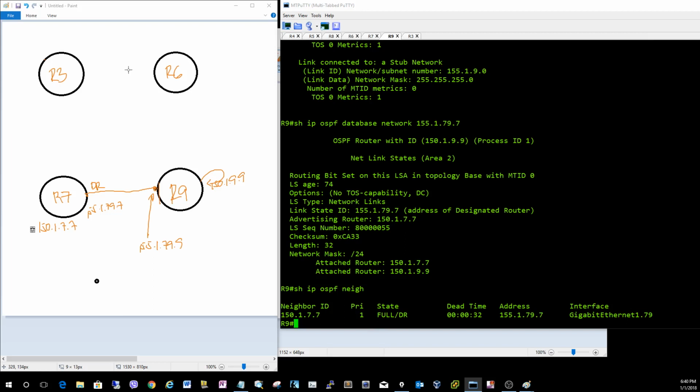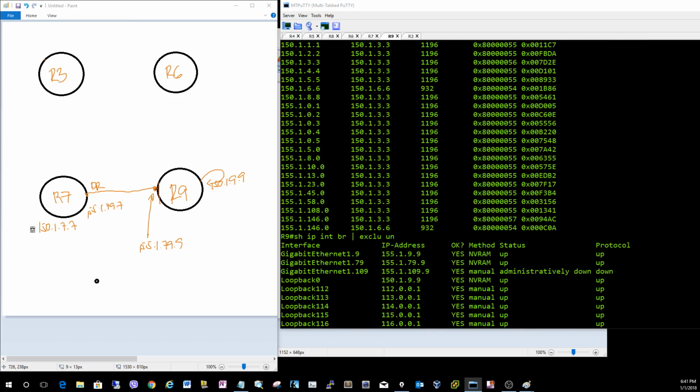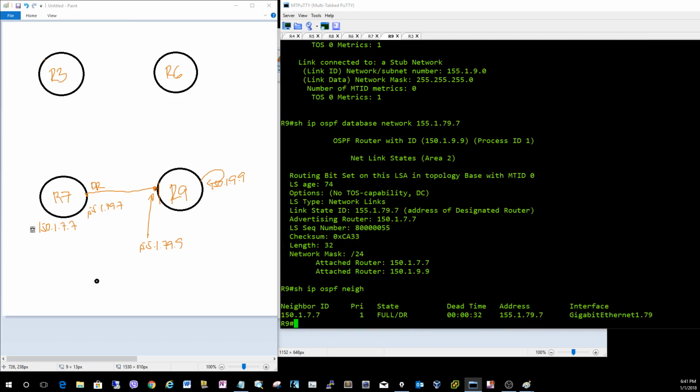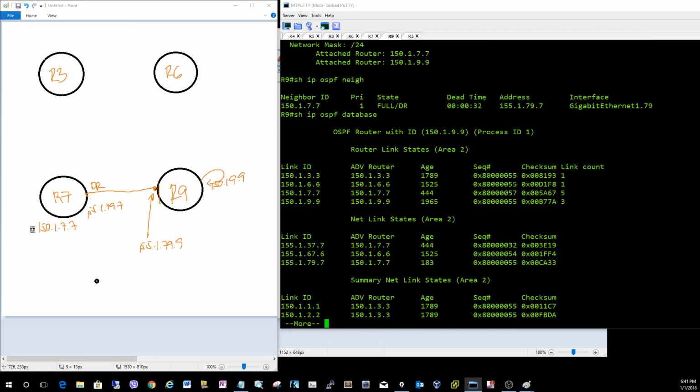Next, what does the rest of the network look like? Let's go back to show IP OSPF database. We have solved this part of the network. Now let's see what these two look like.